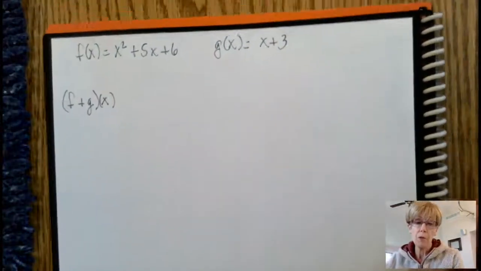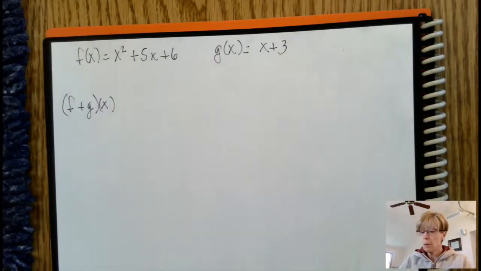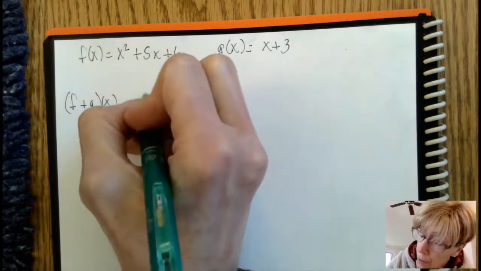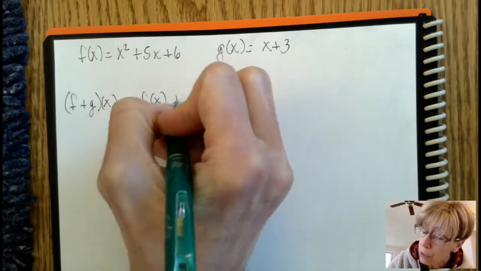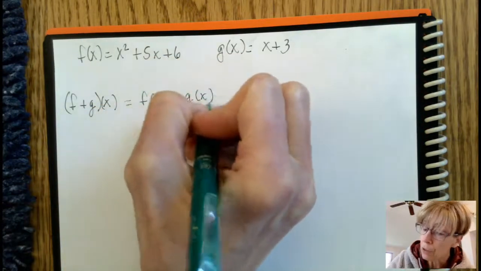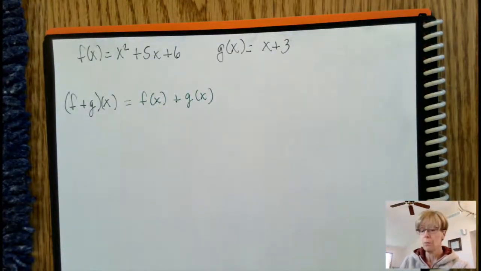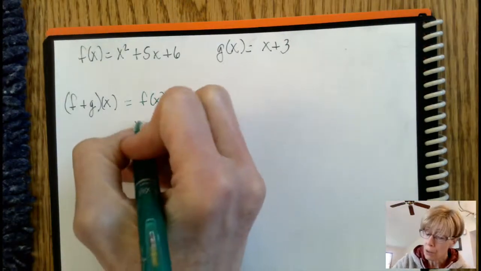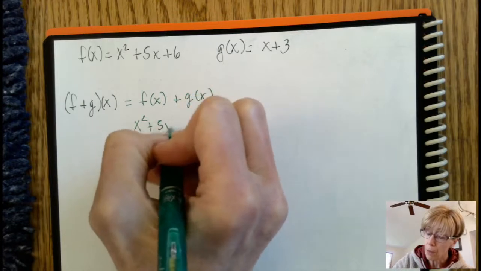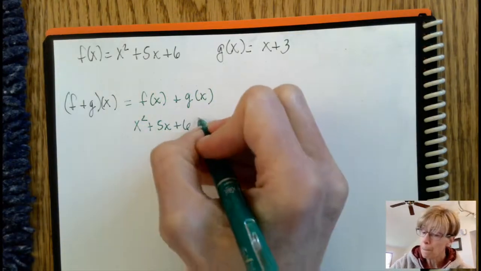f plus g of x simply means that we're going to take function f of x and add it to function g of x. So f of x is x squared plus 5x plus 6, and g of x is x plus 3.